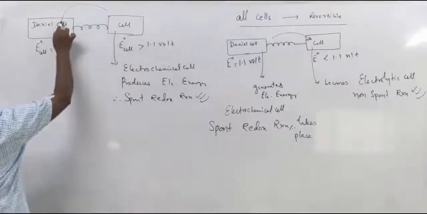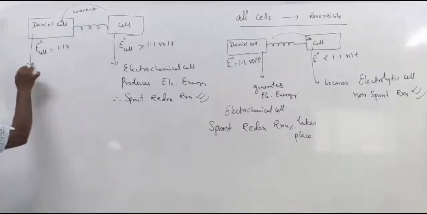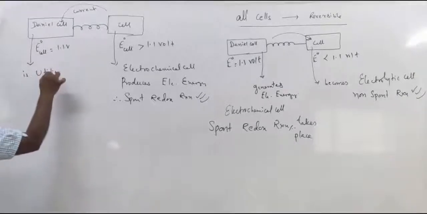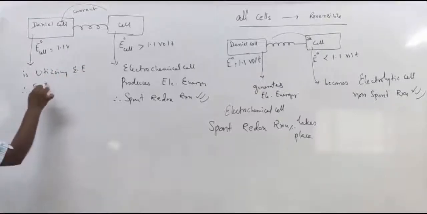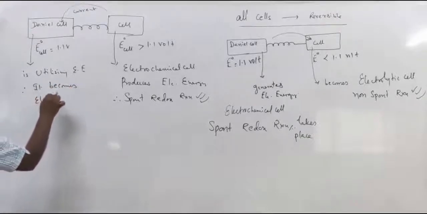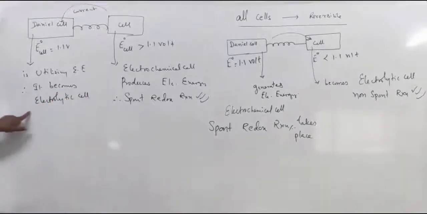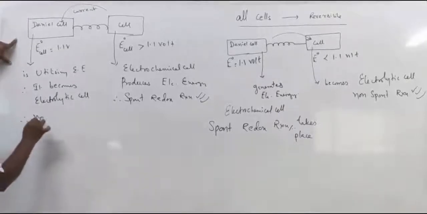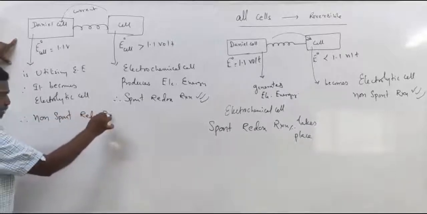Now here current enters in this cell, so this cell is utilizing electrical energy. Therefore, it becomes an electrolytic cell. Okay. Right. So therefore here a non-spontaneous redox reaction takes place.